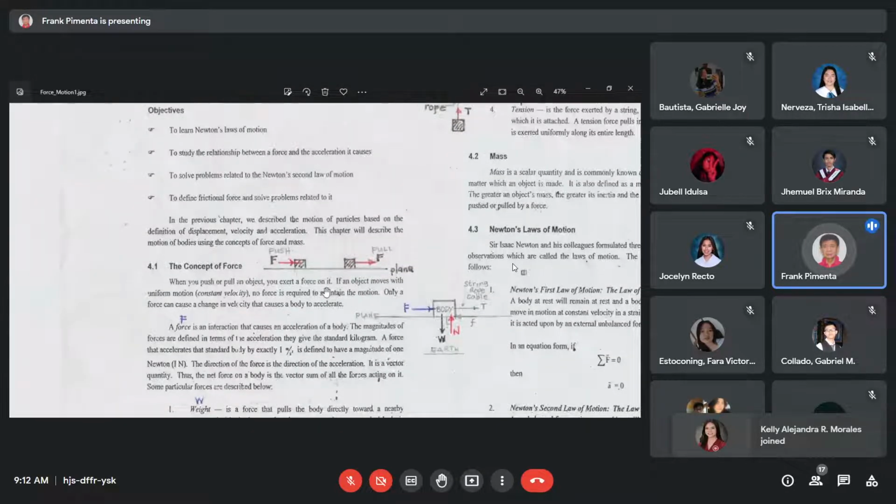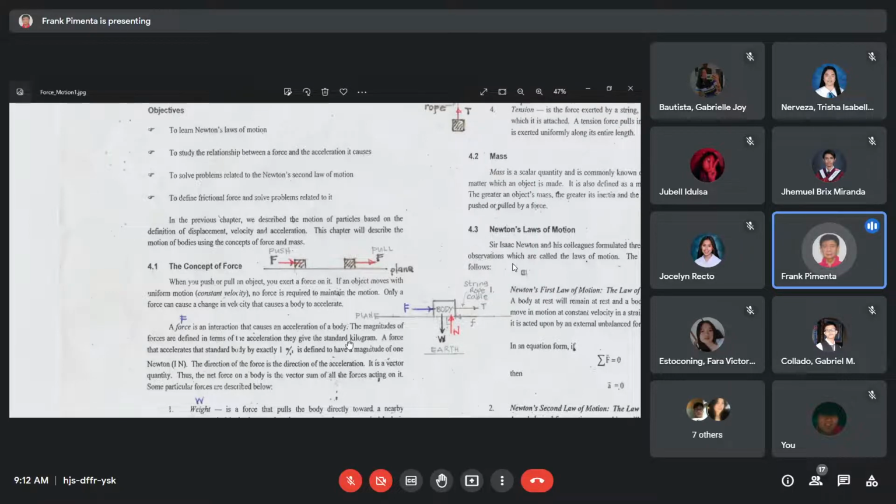I hope this is clear for the class. You cannot call that a force if it is not attached to the object. And force is a vector. I said earlier, a vector should be drawn with the arrow attached to the line or the magnitude.